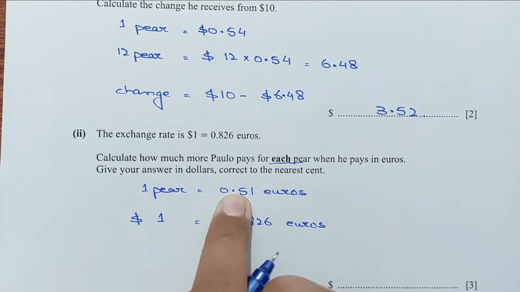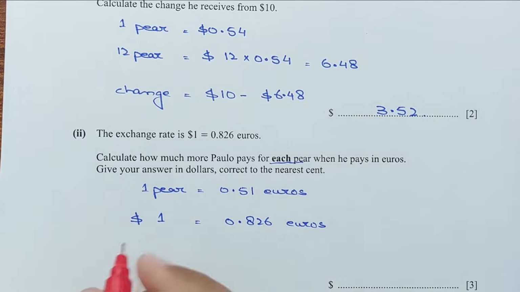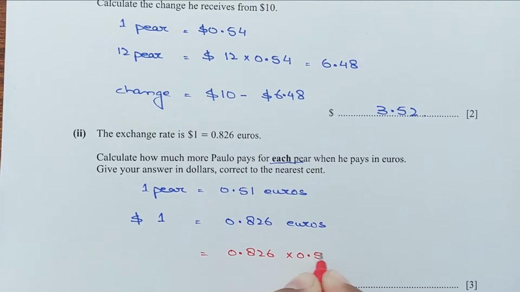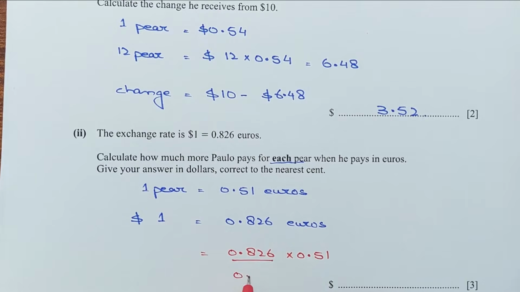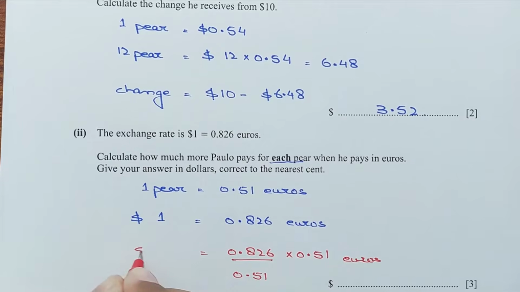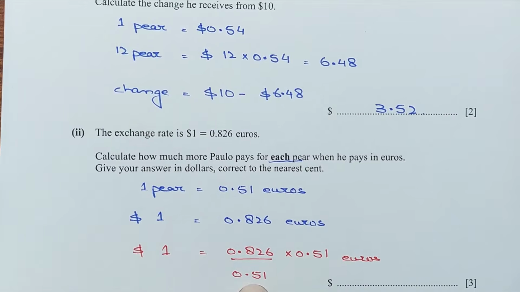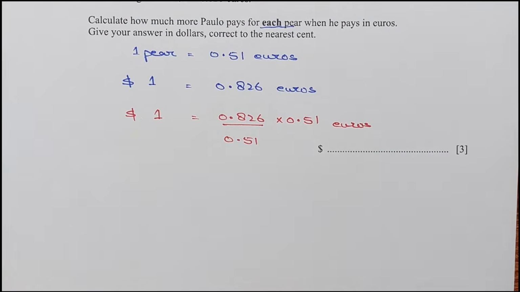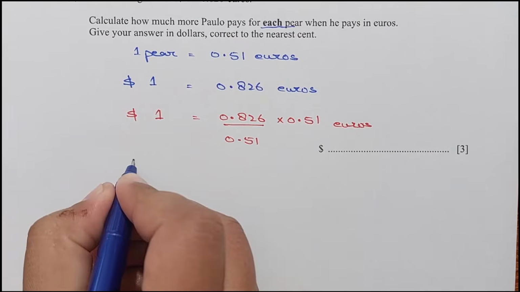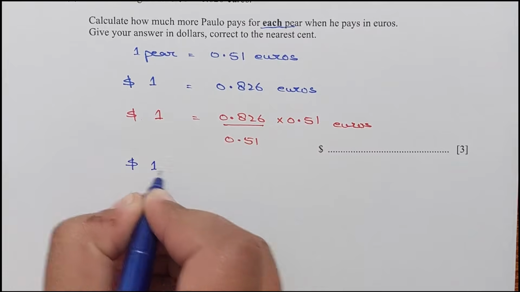We have to make this 0.51 euros, right? So we can say 0.826 times 0.51 divided by 0.51 euros equals $1, right? I just multiplied and divided by 0.51. So we need this. Okay, now let me simplify what is $1.